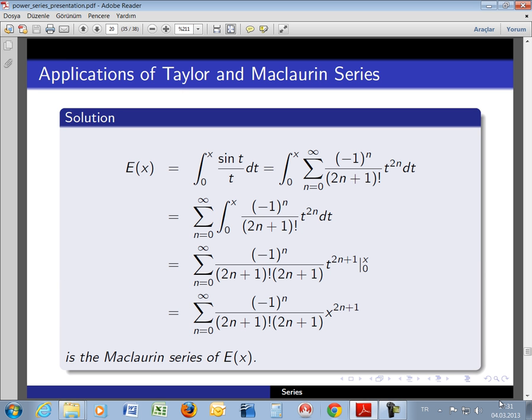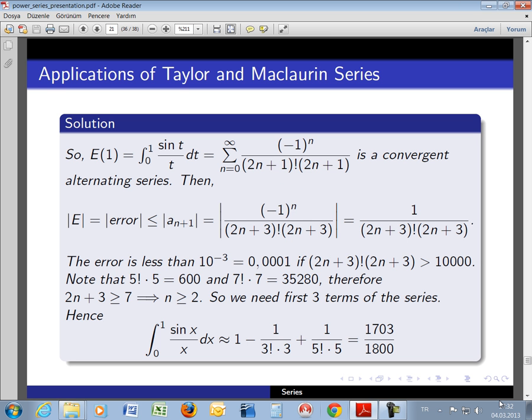Now if we integrate, the left hand side is the integral from 0 to x of sine t over t dt, and the right hand side is obtained in the last row on the screen. Then we compute the Maclaurin series of E of x, and if we put x equal to 1, it gives us E of 1, the integral from 0 to 1.